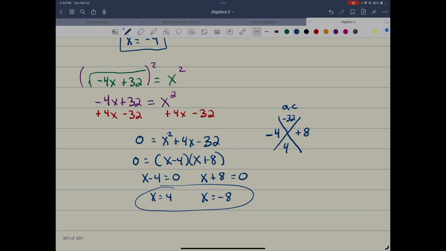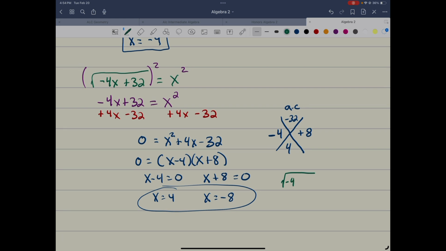Now I need to check those solutions to make sure that they both work in my original equation. My original equation is the square root of -4x plus 32, and that is going to equal x. So anywhere I see an x, I'm going to replace it with a 4.